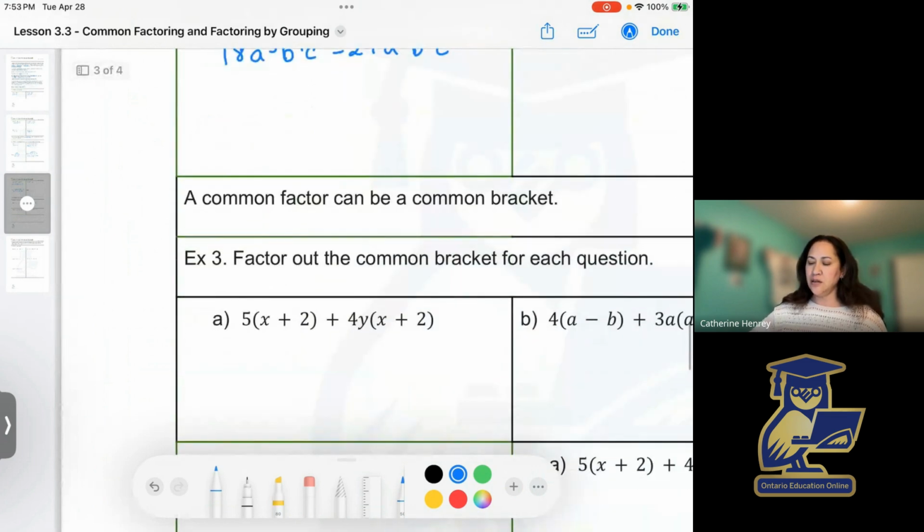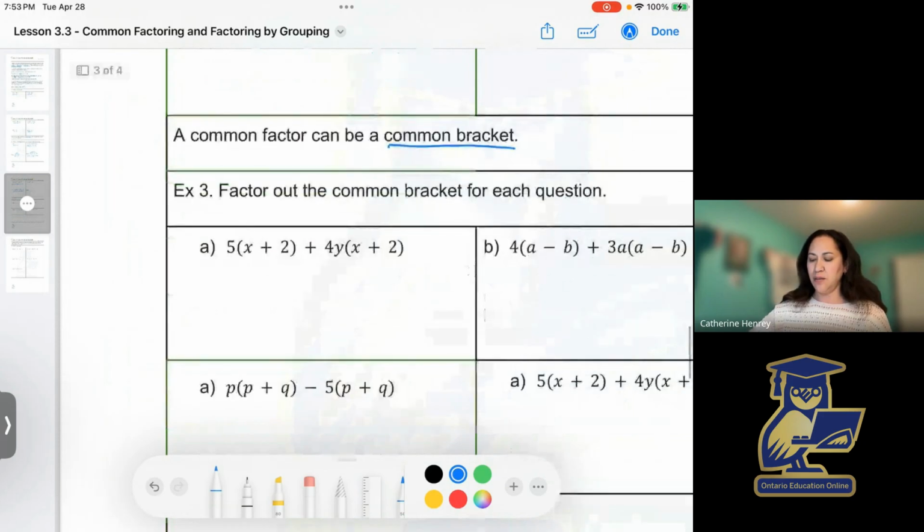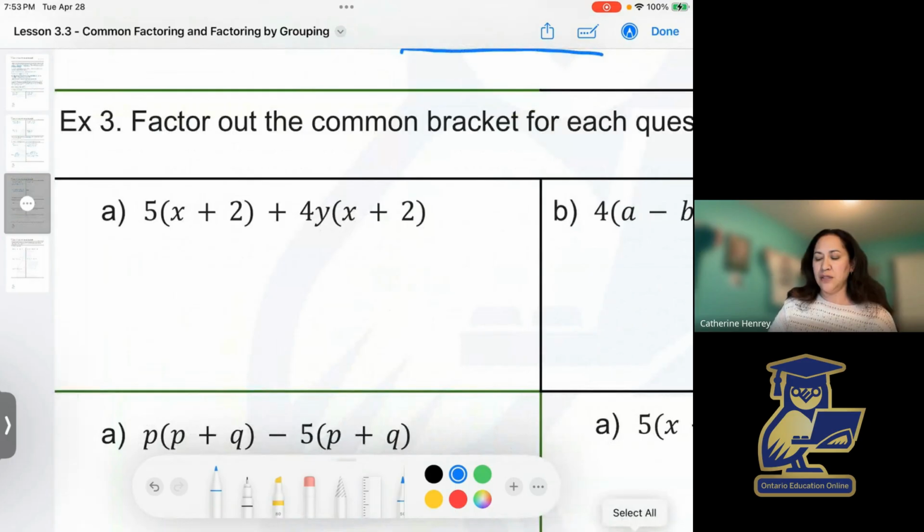All right, so let's take a look at something a little bit different. A common factor can also look like a common bracket. So let's take a look at an example so you can see what I mean. If I take a look at the expression 5 times (x plus 2) plus 4y times (x plus 2), what's common here is not a number or necessarily a letter, but this entire bracket of x plus 2. It's in the first term and it's also in the second term.